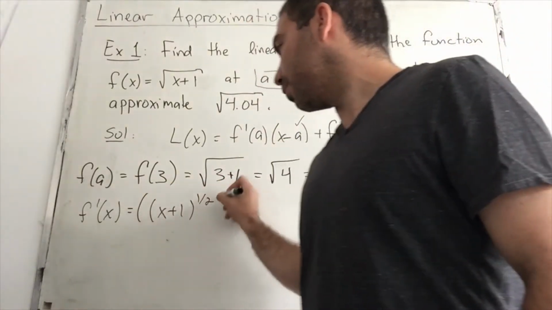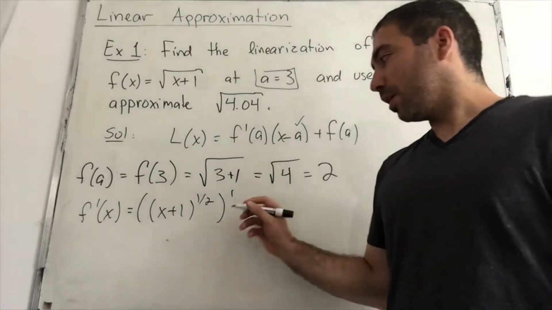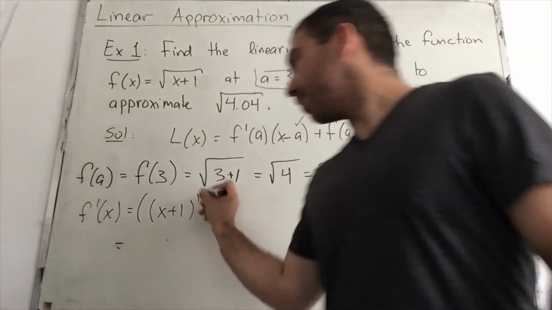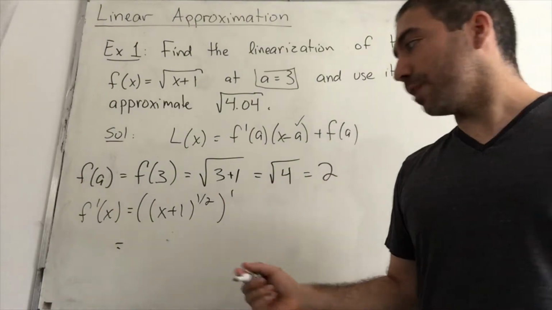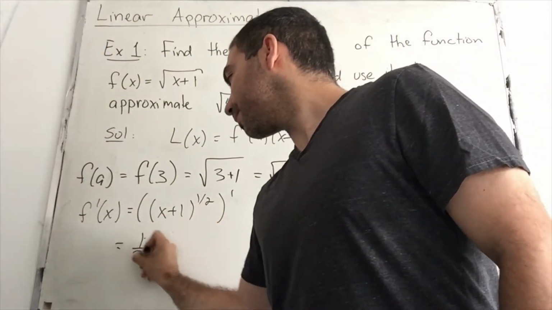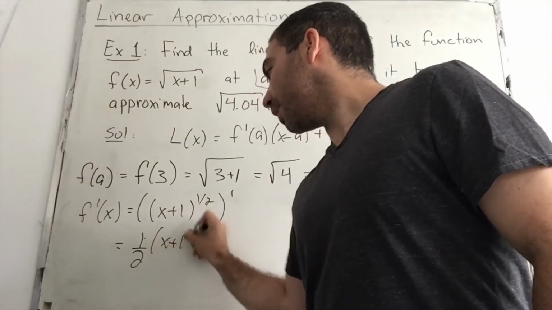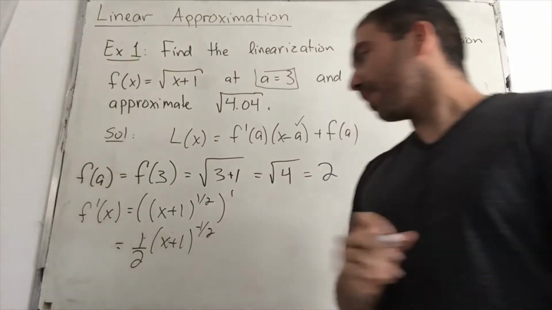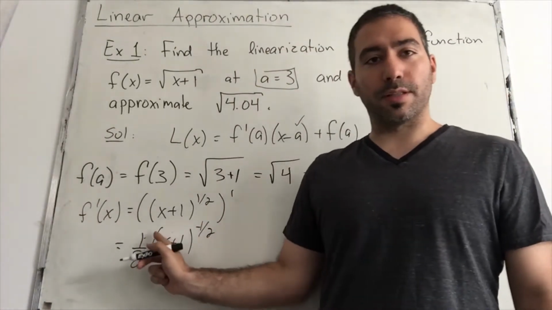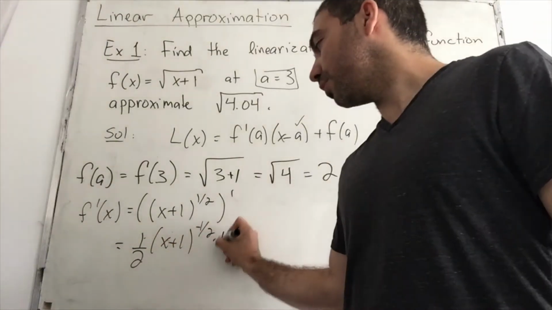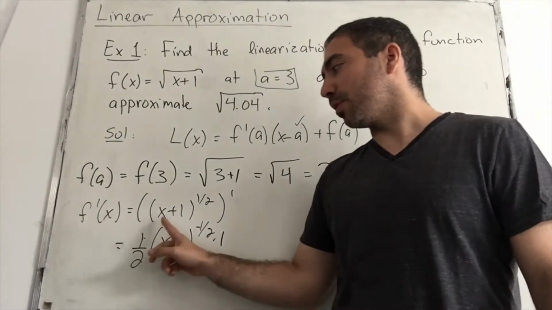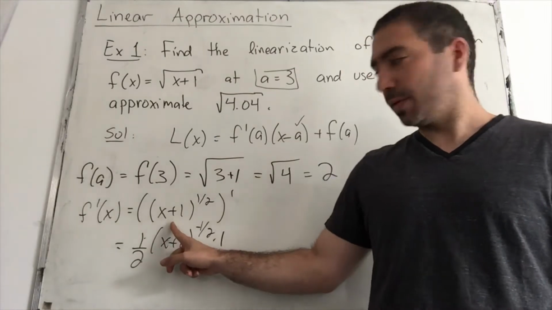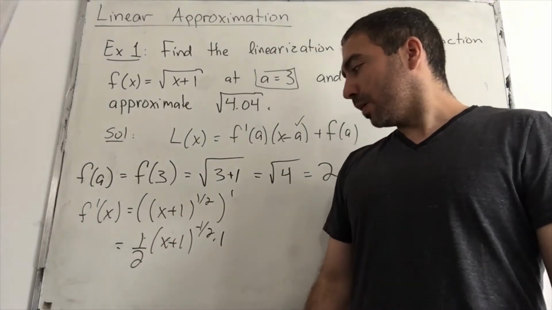And we're going to take the derivative of this, so I'm going to write prime. We're using the chain rule. Drop the 1/2, x plus 1, and then subtract 1 from the 1/2, giving us negative 1/2. Then we multiply by the derivative of the inside. But the derivative of the inside is just 1, so you don't even have to write it, because the derivative of x is 1, and the derivative of 1, a constant, is 0.